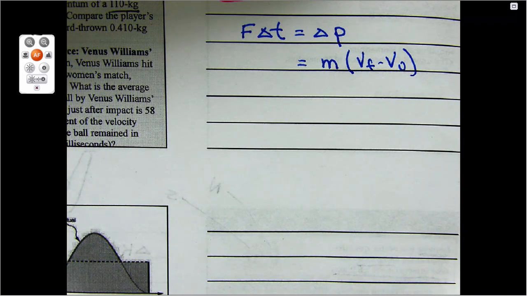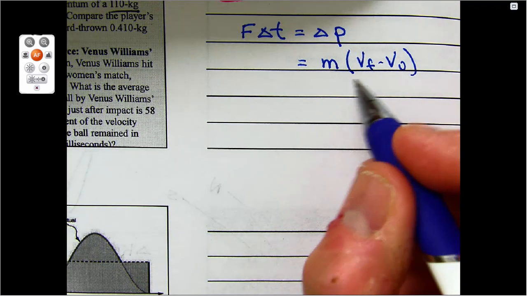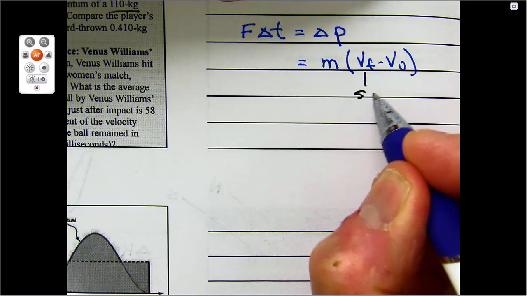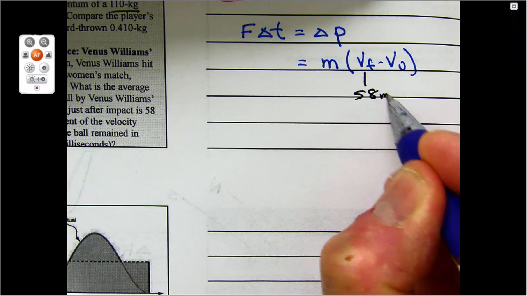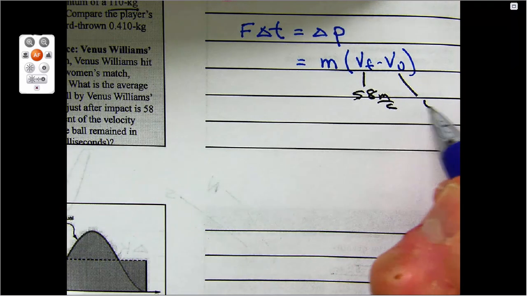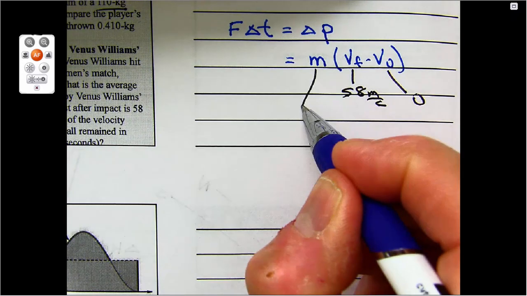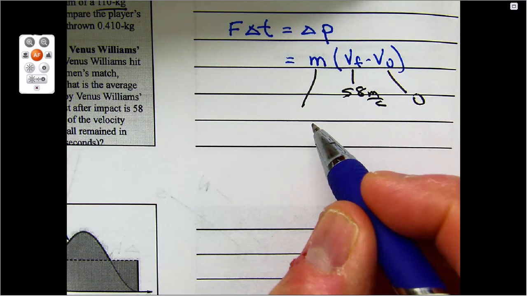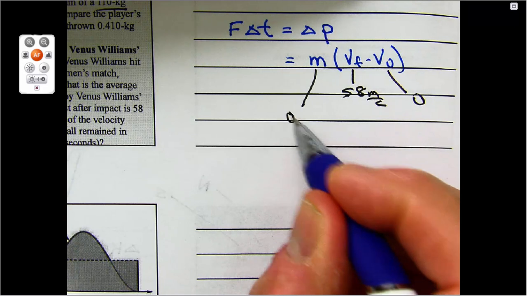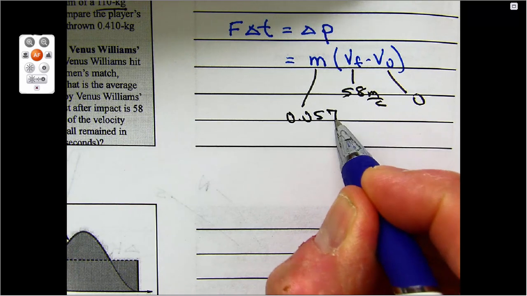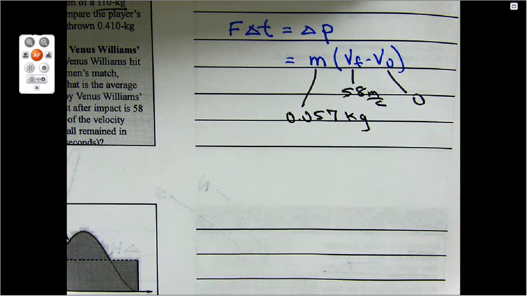V final out of this is 58 meters per second. It reaches a speed of 58 meters per second. Initially it's 0. The mass of our ball is 0.057 kilograms.